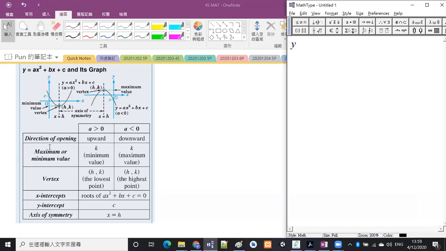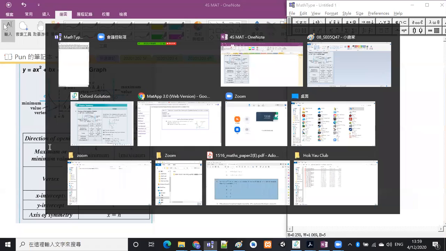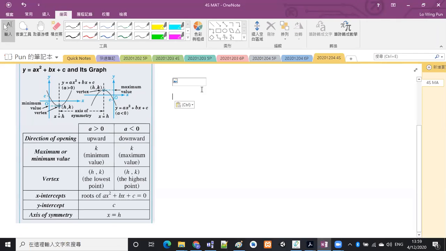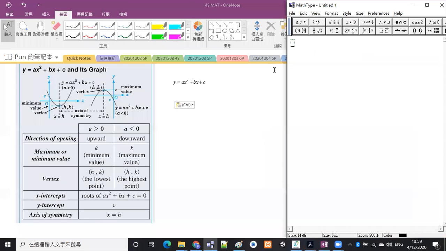I just want to write one more time to you. The ABC form is like this: y equals ax squared plus bx plus c. This is what I call the ABC form. And then you need to do the method of completing square to change it to be the AHK form.